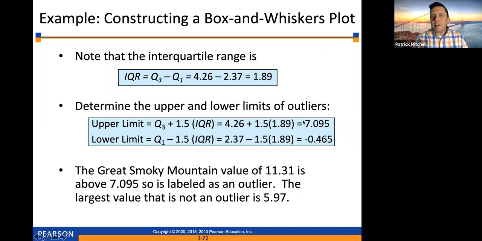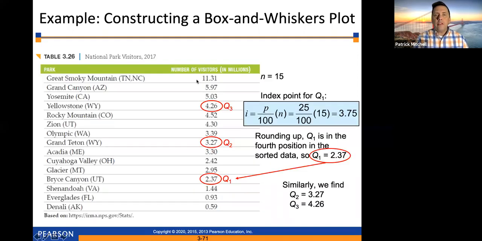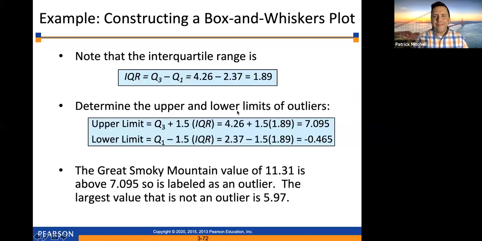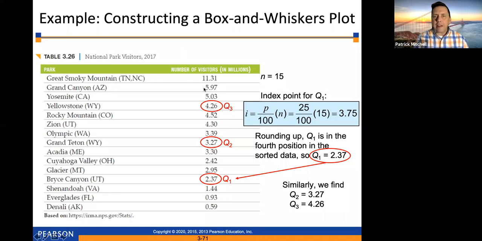However, any park that got more than 7.095 million visitors would be an outlier. So that would be the Great Smoky Mountains Park with 11.31 million. And notice that the largest value that is not an outlier is the second highest value, the 5.97. So my whisker on the right is going to stop at 5.97.